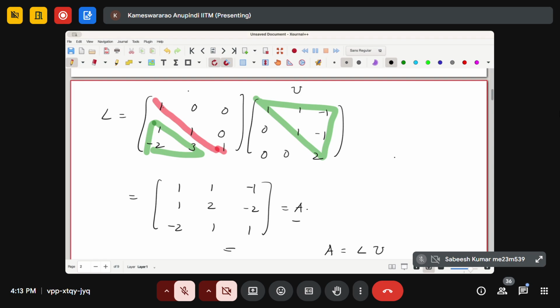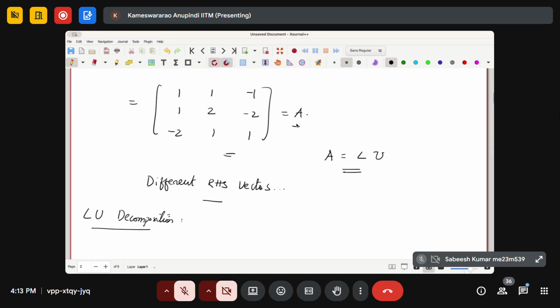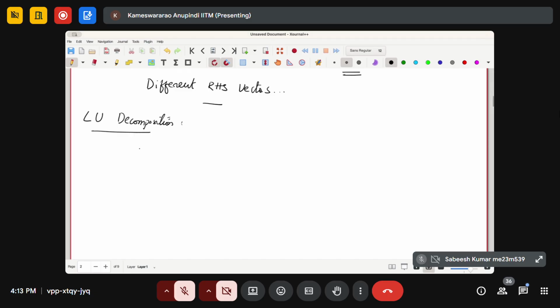It basically has ones, and then it has some L's or alphas, and then similarly my upper triangular matrix is going to have U's or betas. Okay, that means I'm going to define my L and U, the L matrix as 1, 0, 0. I'm going to again take a 3 by 3 example. With this, we are going to build the algorithm. Okay, and then we have alpha 2, 1, alpha 3, 1.